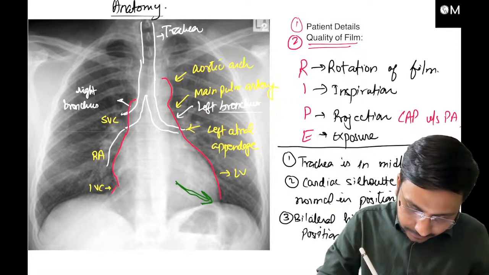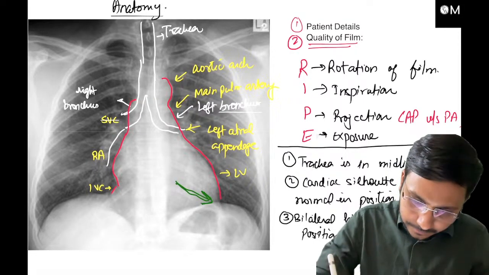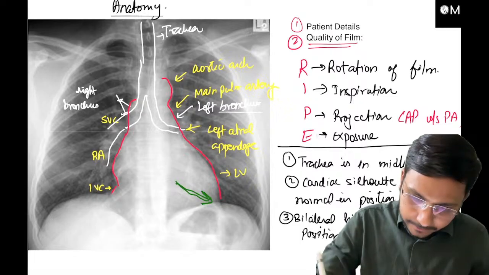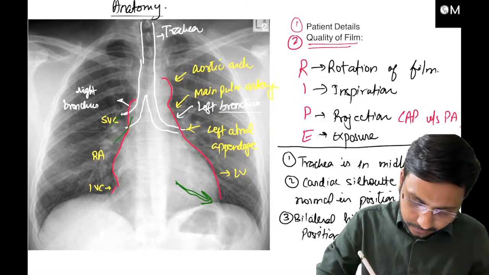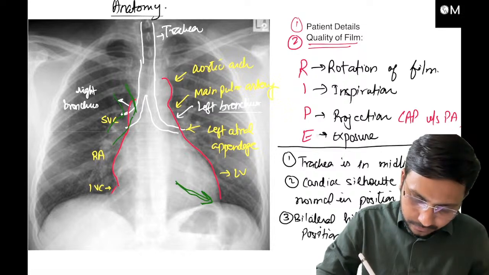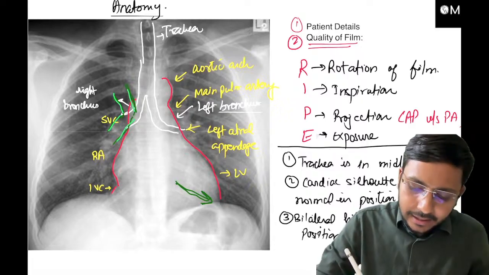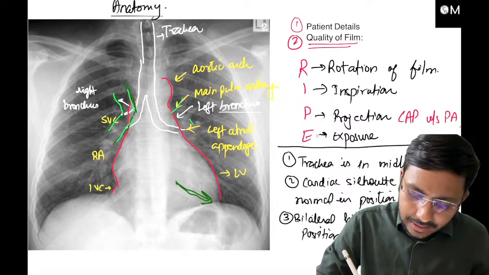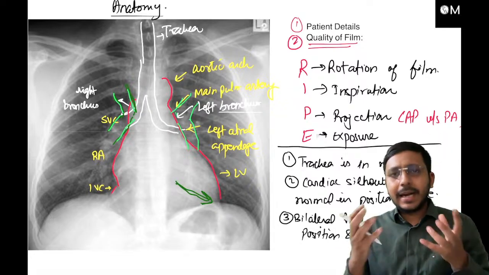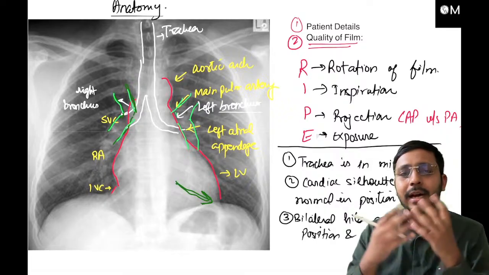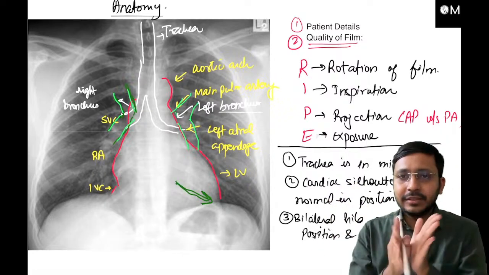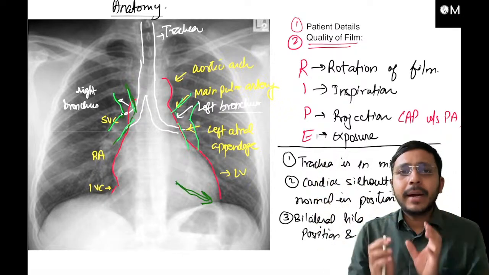This is the right hyla and this is the left hyla. Basically the hilum is where pulmonary vessels come and go, that is the hilum, right? Pulmonary artery and pulmonary veins, pulmonary arteries divide and pulmonary veins converge. That part is known as the hyla.